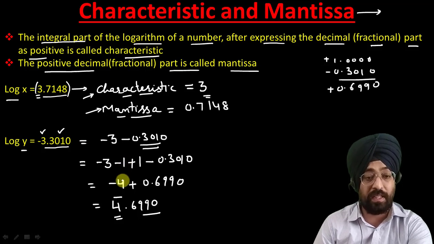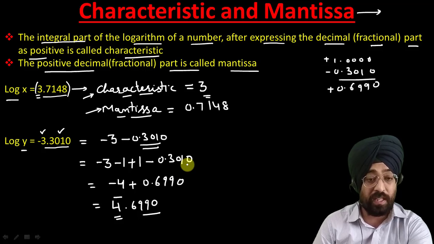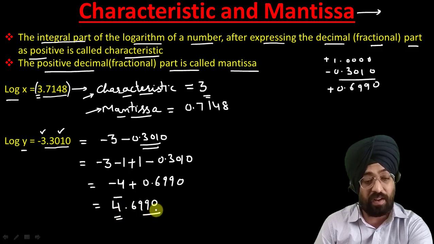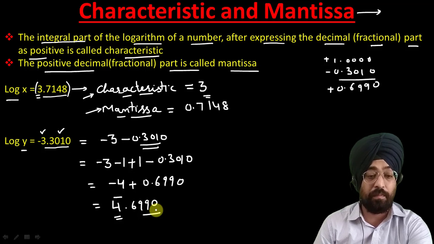So now minus 3 minus 1 is minus 4, and 1 minus 0.3010 is positive 0.699. When we club these two, we write it in this form: 4 bar means minus 4.6990. Now this digit before the decimal is negative, and the digits after the decimal are positive.